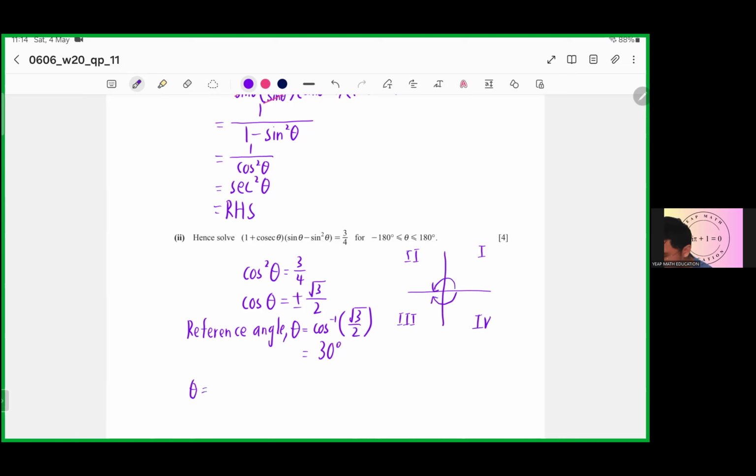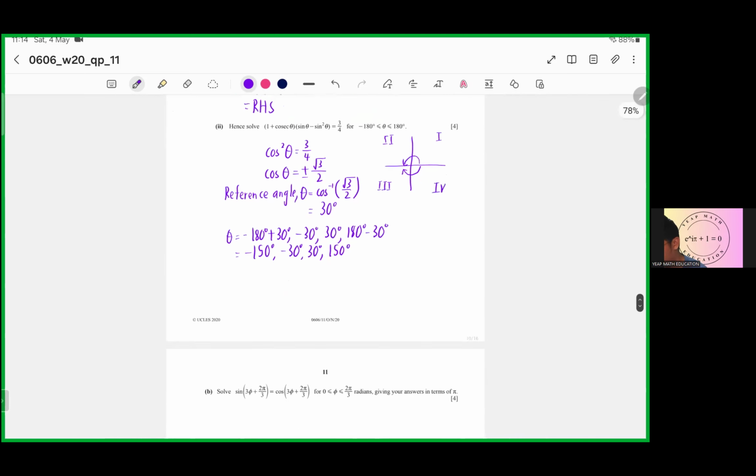So first, we can take the negative angle of it, negative 180 degrees plus 13, and then negative 13 degrees, and 180 degrees minus 13. So we get the answer: negative 150 degrees, negative 30 degrees, 30 degrees, and also 150 degrees.